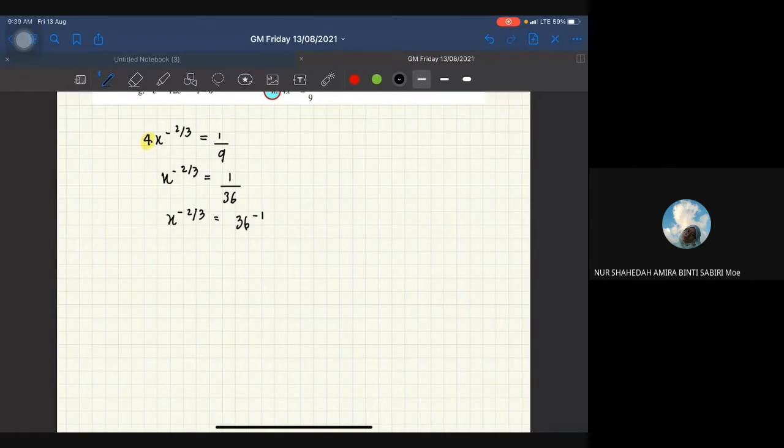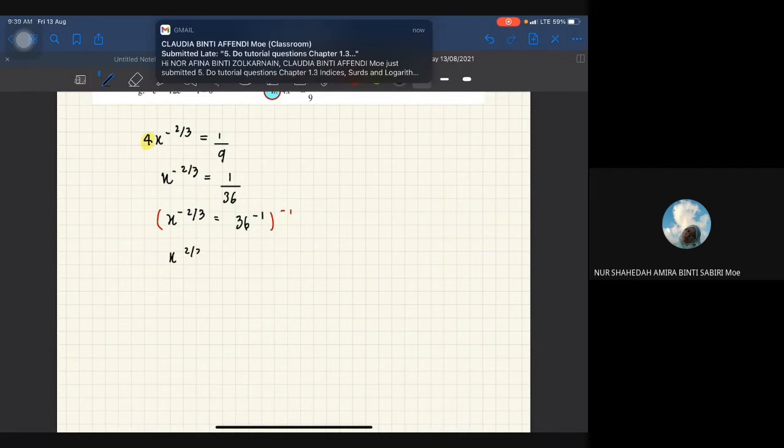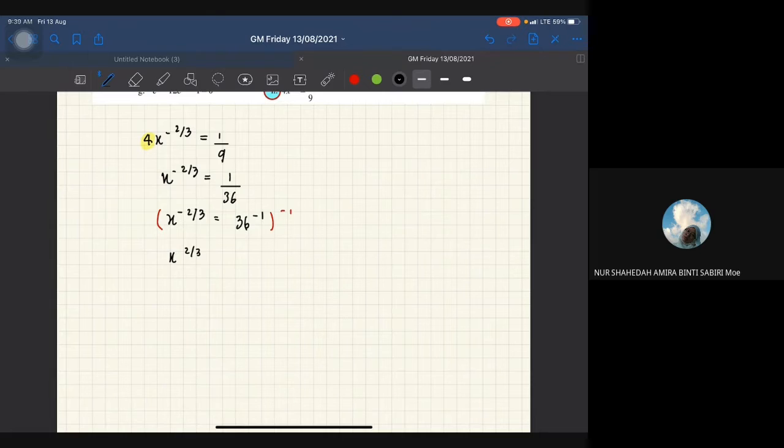Okay, so saya akan darabkan everything, kuasakan everything dengan negative 1. Okay, so dia akan jadi x to the power of 2/3 equal to 36. Okay, catat kat situ.